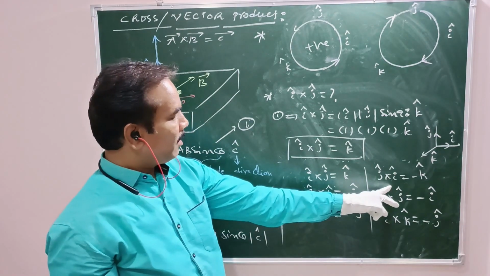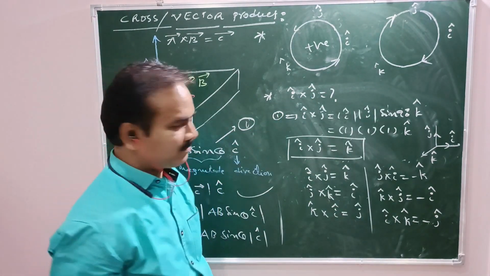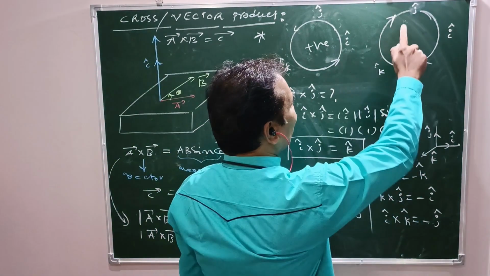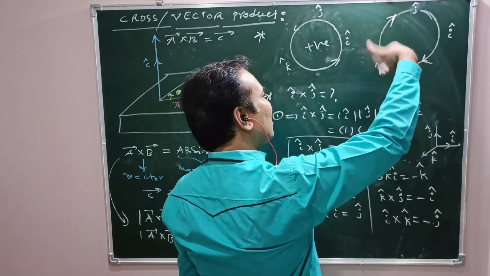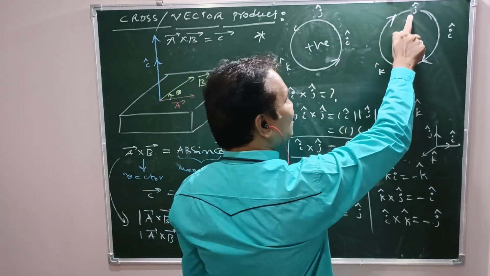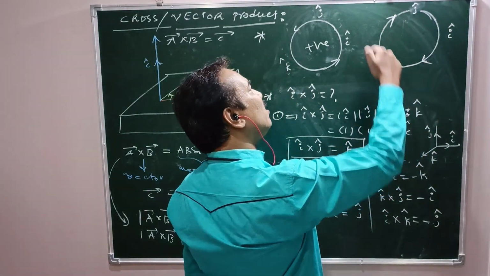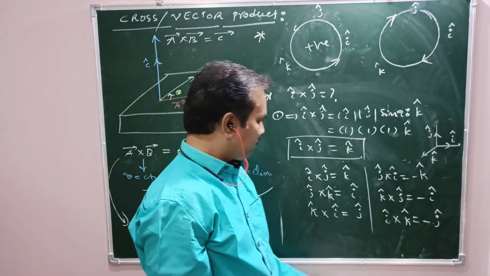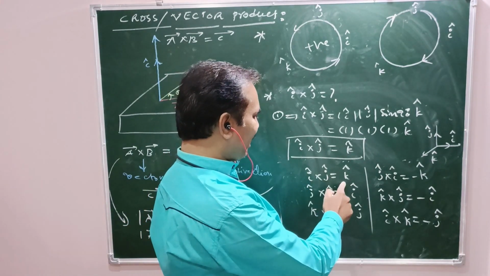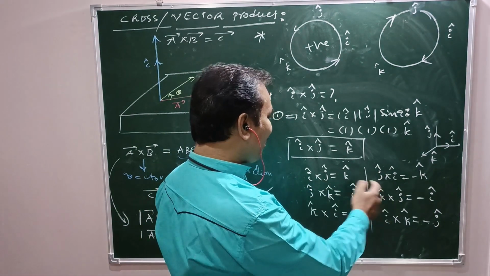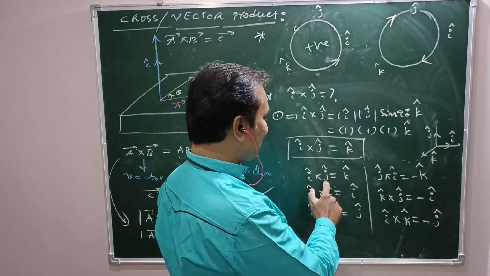Now see, clockwise sense. This time I am going with clockwise sense. From j to i means clockwise, from i to k means clockwise, from k to j means clockwise. See the order here: i cap is the first vector, j cap the second vector in i cross j.